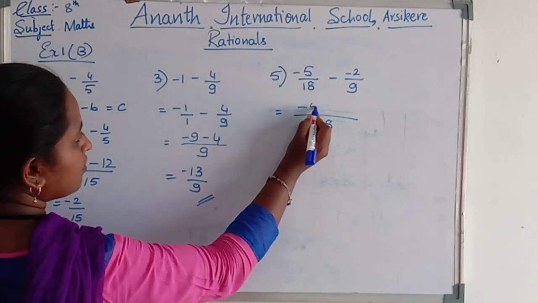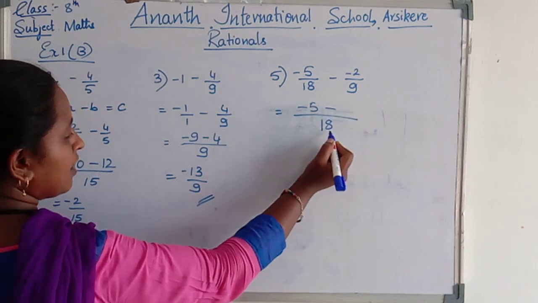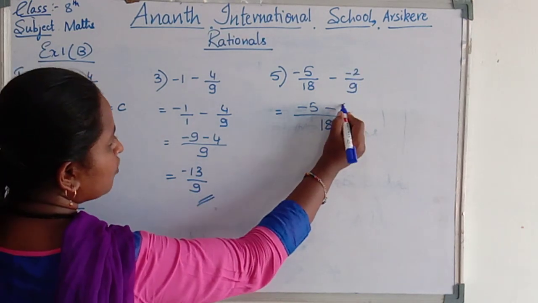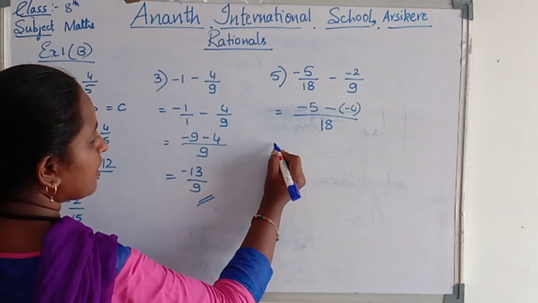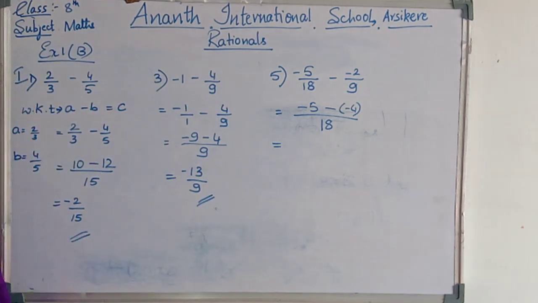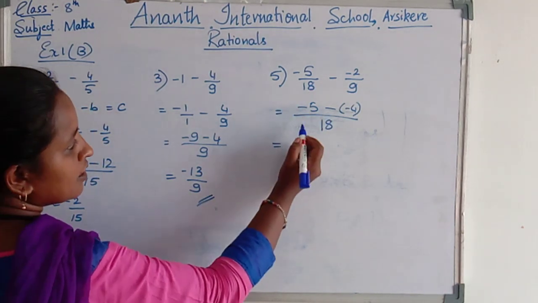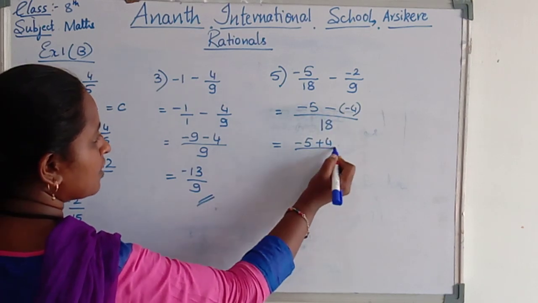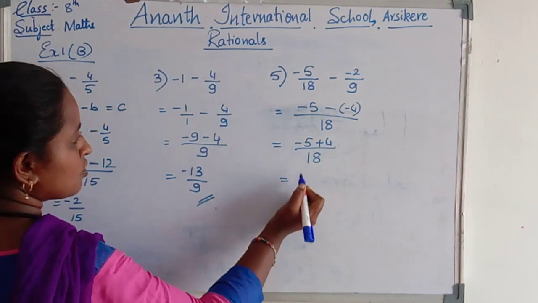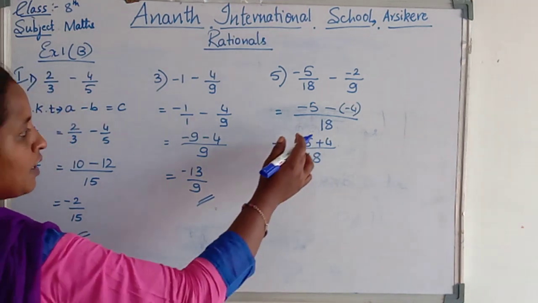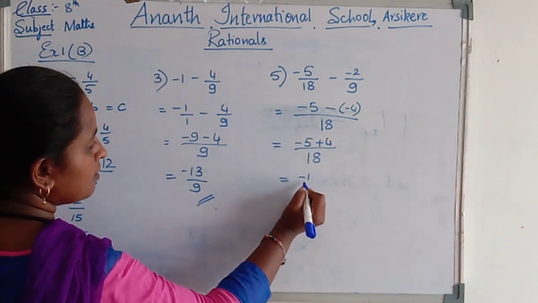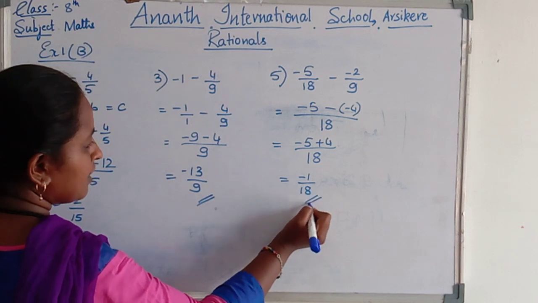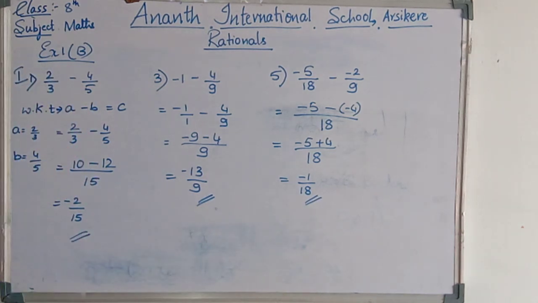So 1 five is 5. Minus 9, how many times? 2 times. 2 twos are 4, minus 4. Write it in brackets because when the minus sign comes you will get confused when writing. So minus 5, minus into minus is plus 4, divided by 18. Minus into plus is minus, 5 minus 4 is 1, so minus 1 divided by 18.